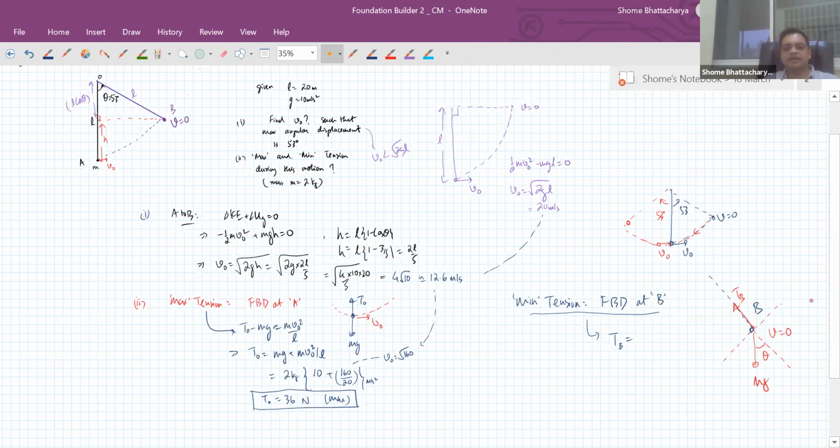So there's no centripetal acceleration. Yeah, so at this point B, you can see that this becomes mg cos theta. Okay, so this is happening because the centripetal acceleration is 0, and that's the case because the speed is 0.